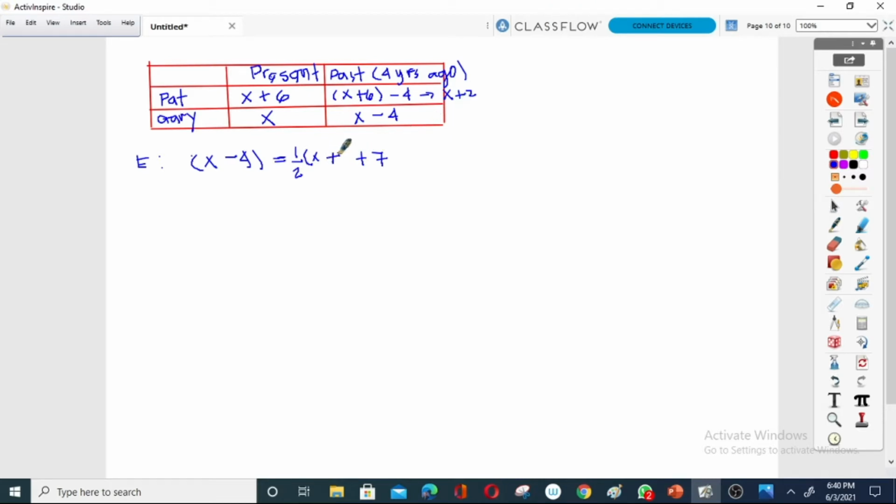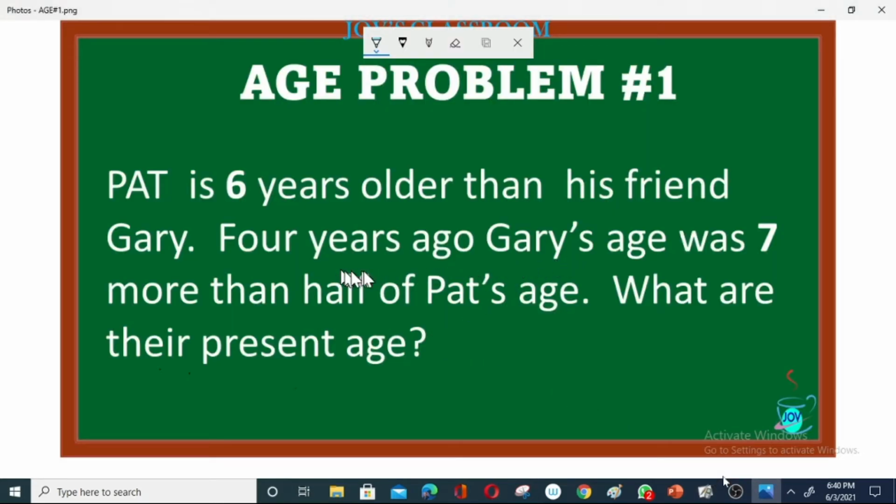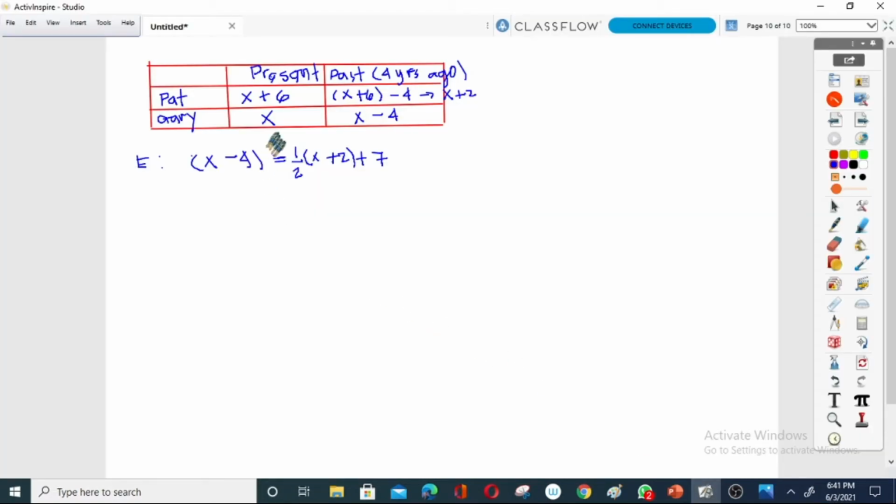So that's the translation. 4 years ago, Gary's age, x minus 4, was equal to 7 more than half, so plus 7, half of Pat's age. Okay, so this is the equation.